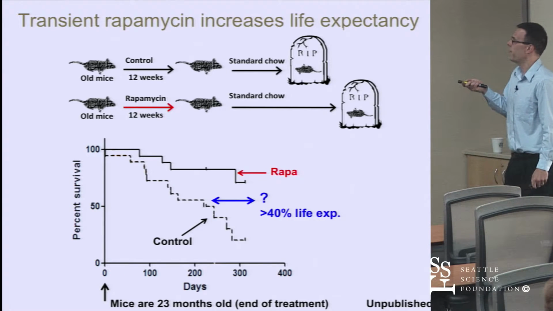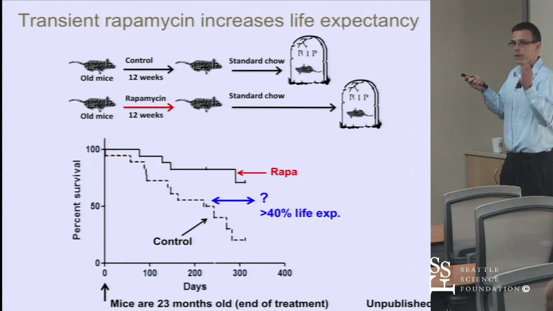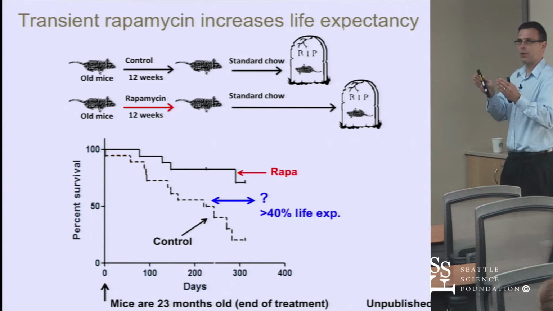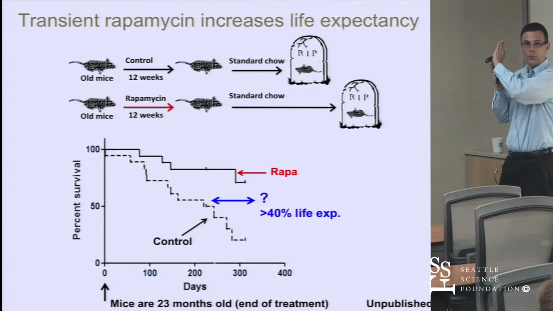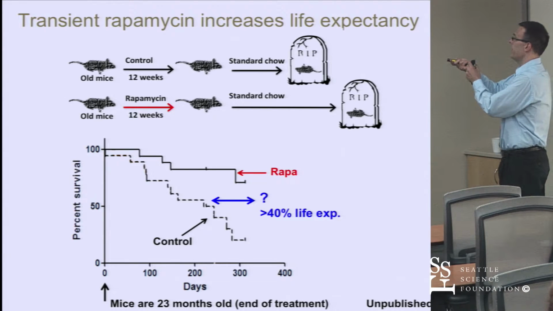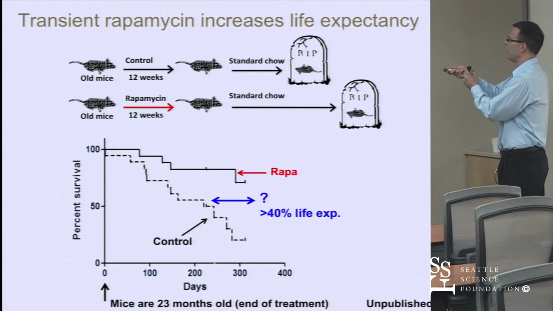So in this case, the mice are 20 months old when they come in. We treat them for 3 months with either control or rapamycin, and then we stop both of those and we just put them on a standard diet and put them on the shelf and see how long they live. And so that's what's shown here is the control group. This is now 23 months, so at the end of the 3-month period where they got rapamycin or placebo.